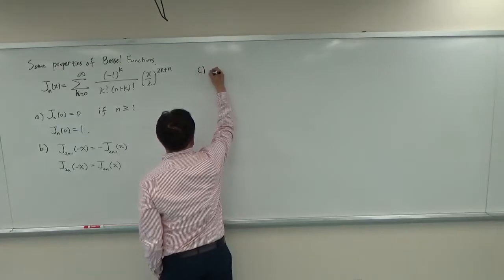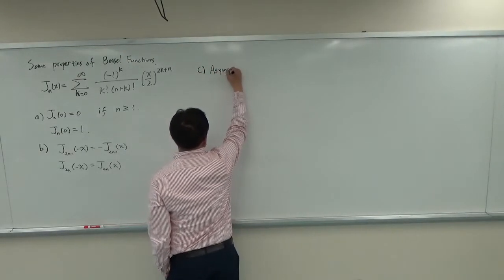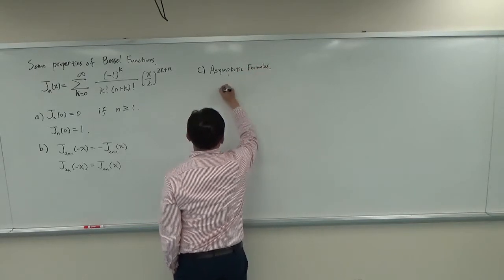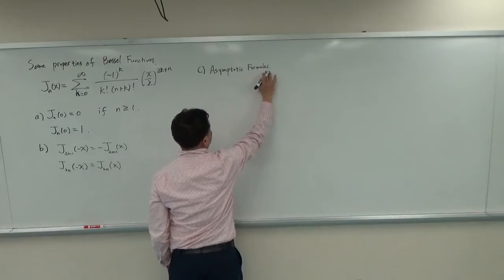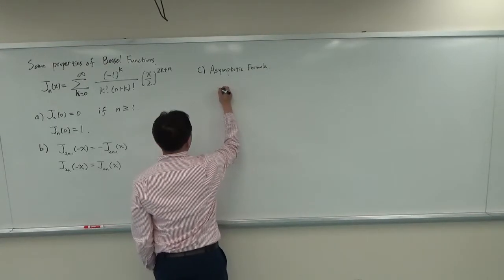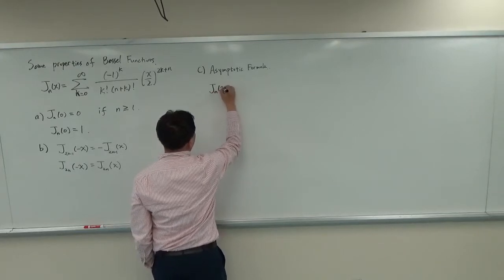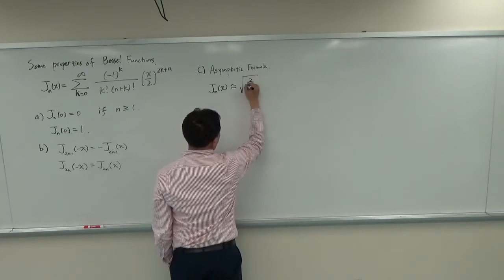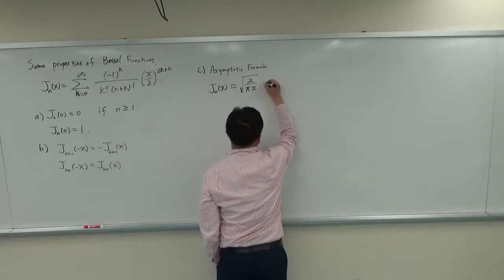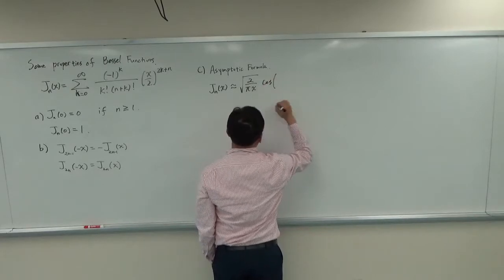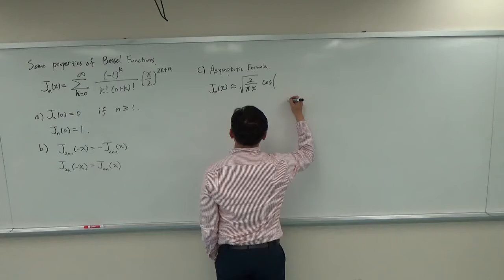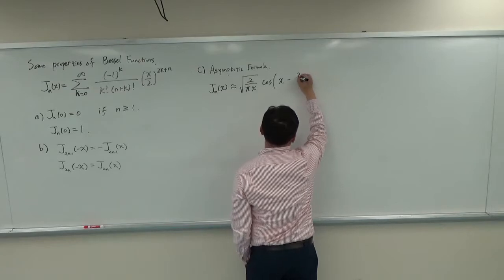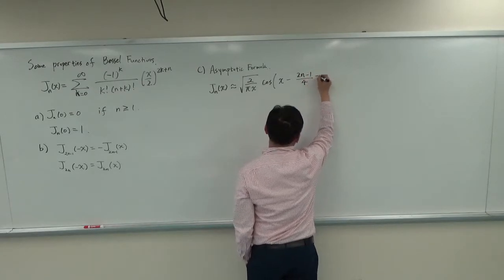Now there are some asymptotic formulas where the formula for Jn, which is Jn of x would be similar to the square root of 2 over pi x times cosine of x minus (2n plus 1) over 4 pi.